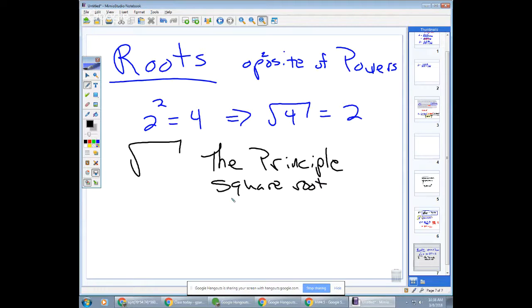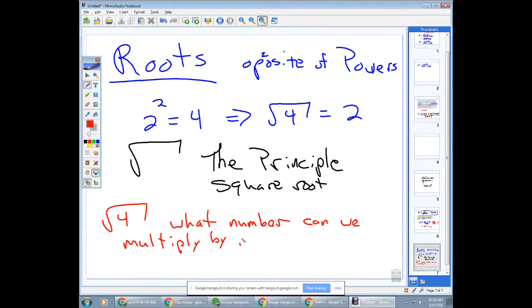But it turns out most numbers have 2 different square roots. A square root is a number you multiply by itself to get a given number. Okay, so just a note, the square root of 4 asks the question, what number can we multiply by itself to get 4?